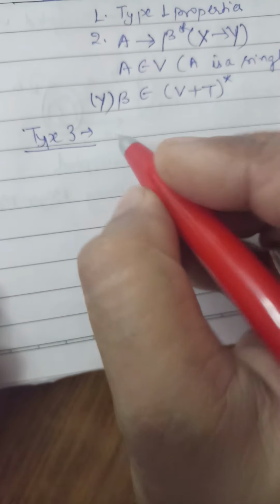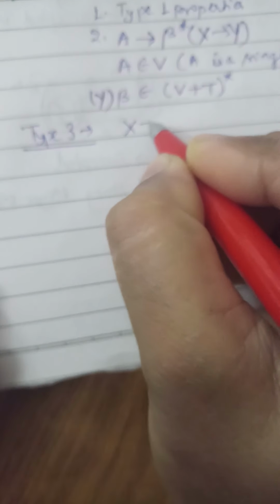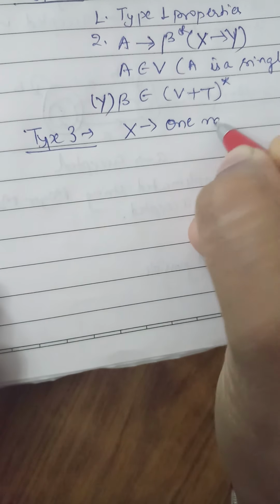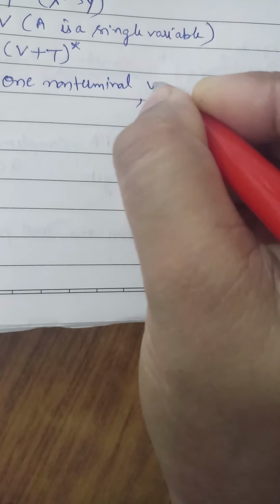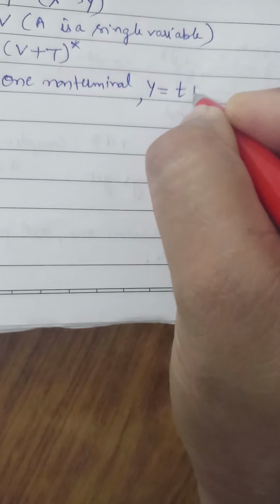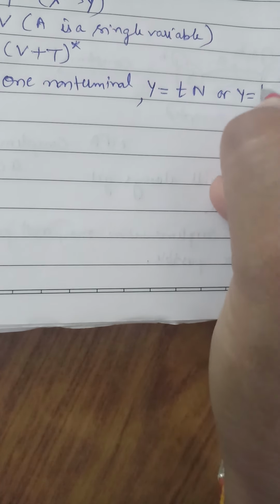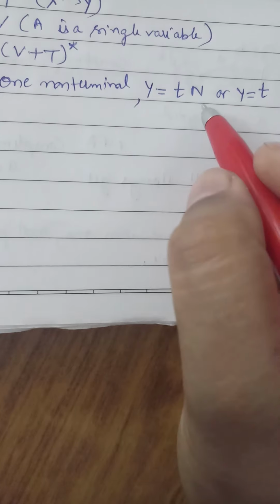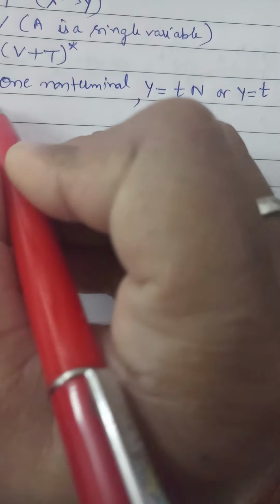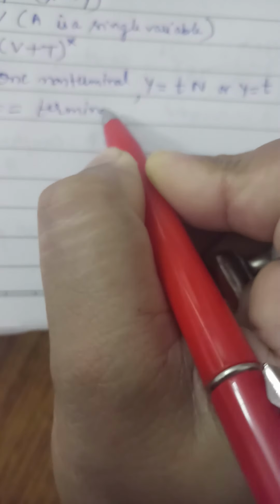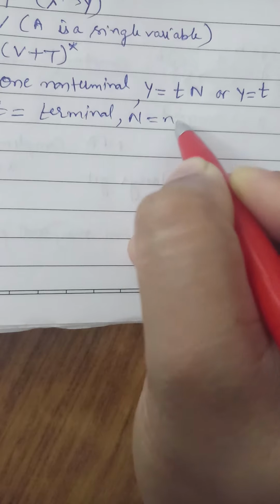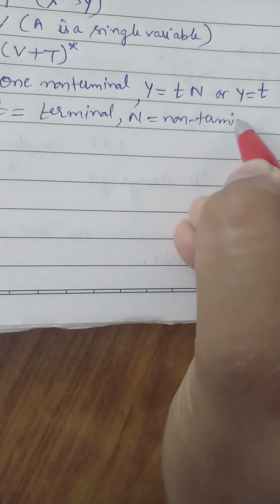Type 3 grammar, in which x is one non-terminal, and y can be tn or y can be t, where t is terminal and n is non-terminal.